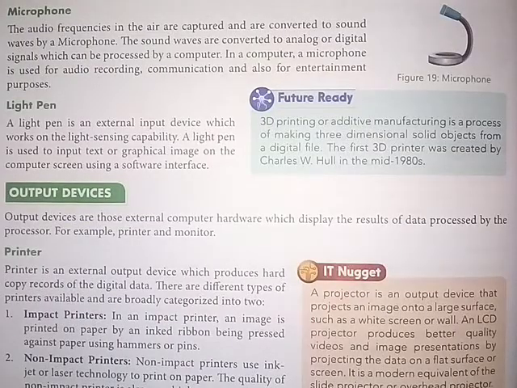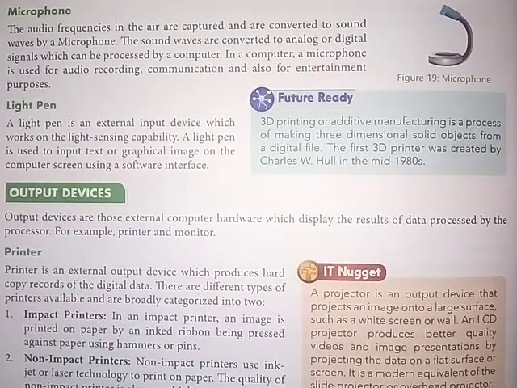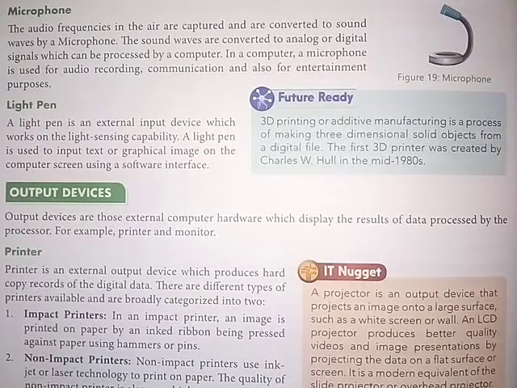Microphone. The audio frequencies in the air are captured and are converted to sound waves by a microphone. The sound waves are converted to analog or digital signals which can be processed by a computer. In a computer, a microphone is used for audio recording, communication, and also for entertainment purposes.